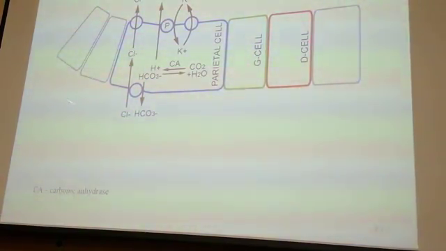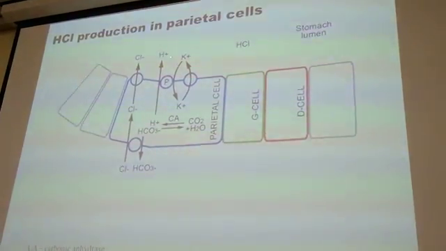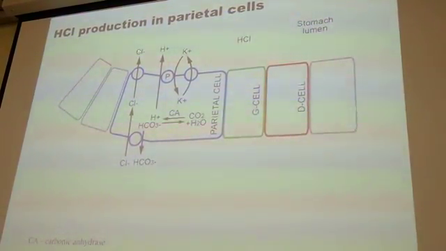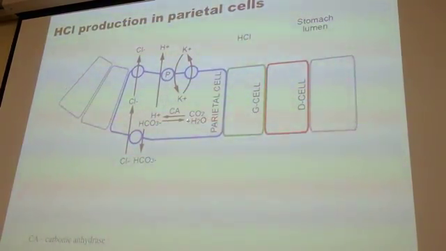And so everybody remembers this guy, which was a little confusing. But it was just showing that we have these different transporters present in our parietal cell, which allow for secretion of protons and chloride ions to form hydrogen chloride. And so basically we have gases like CO2 and water. We have our upstream enzyme carbonic anhydrase producing the proton and bicarbonate. Right?